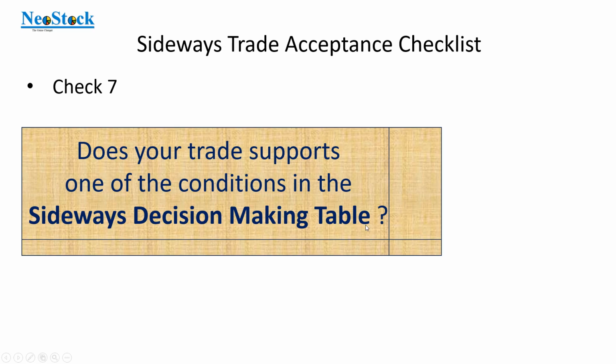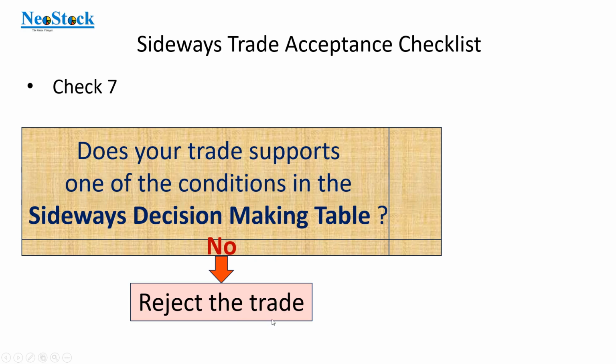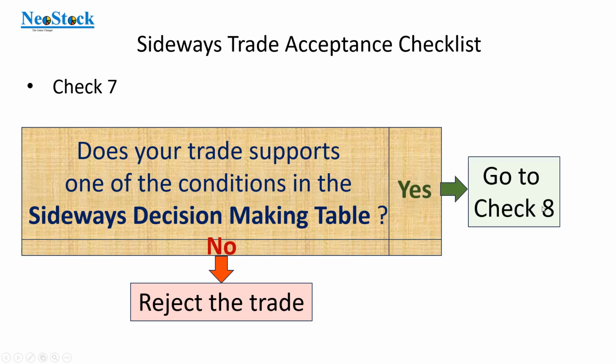And if not even one of those decision making table rules is satisfied, then you have to reject the trade. Suppose in lesson 30.1 long trade setup or lesson 30.2 short trade setup, one of the rules is satisfied. Then go to the checklist item 8.